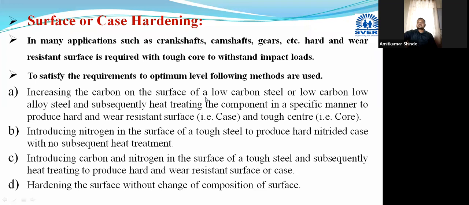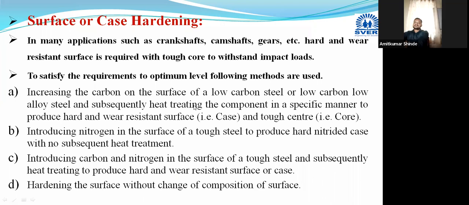To obtain this, we can increase the carbon on the surface, followed by heat treatment, or increase nitrogen on the surface without any heat treatment, or introduce carbon and nitrogen both on the surface, followed by some heat treatment process. And these three methods change the composition of the surface, or without changing the composition we can do it by flame hardening and induction hardening.